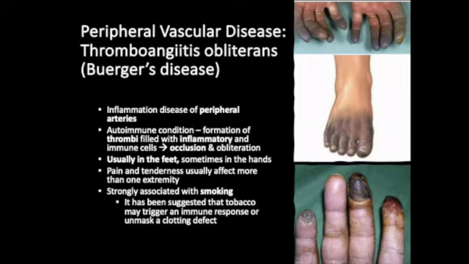These inflammatory cytokines and toxic oxygen radicals contribute to the vasospasm that is occurring, which you can see will induce the changing of our skin. Usually it happens in the feet, but sometimes we can also see it in our hands.